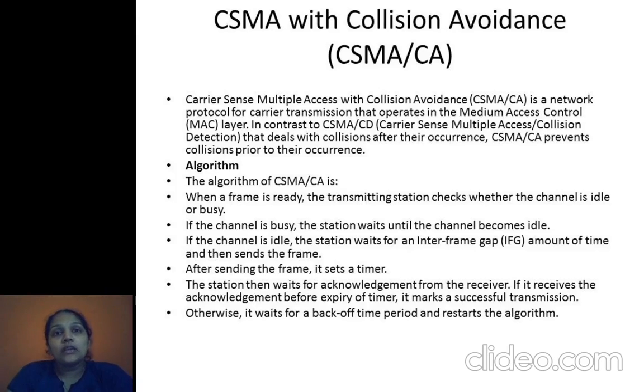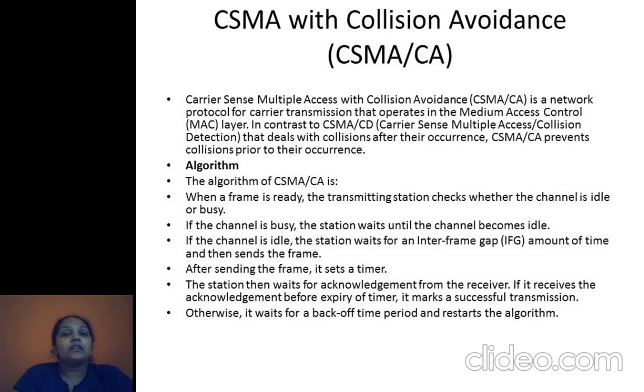The basic algorithm of CSMA-CA is that before transmission of data, it finds whether the channel is idle or busy. If the channel is busy, it waits until the channel becomes idle. Second, if the channel is idle, then it waits for the IFG amount of time and sends the frame after that.